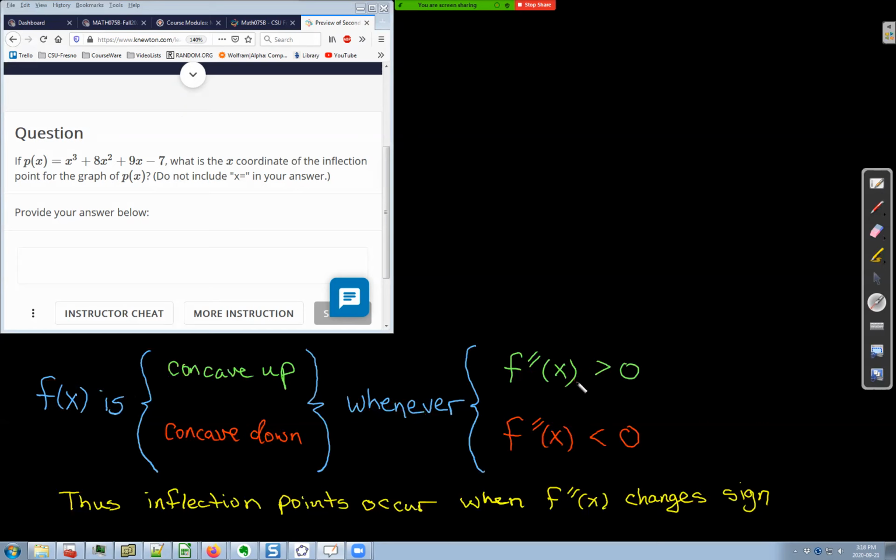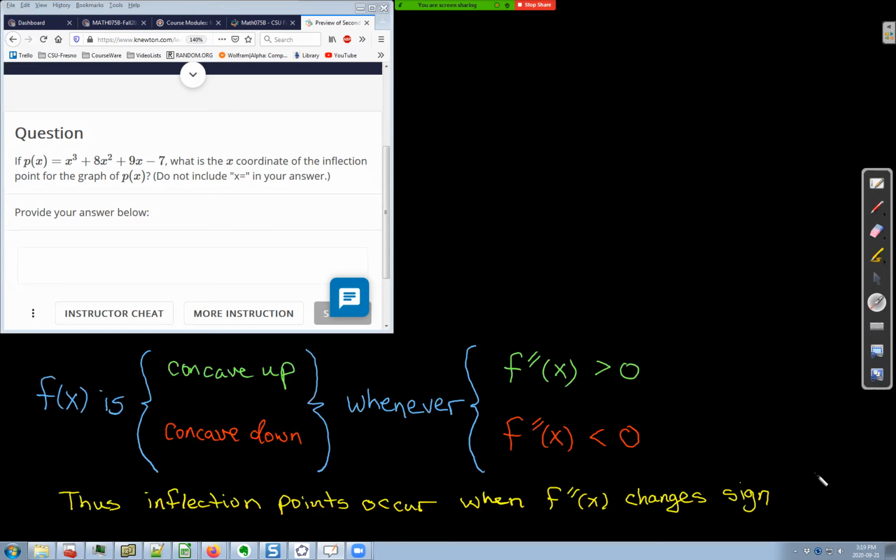And so the inflection points are the places where the concavity changes. In order for the concavity to change, we need the sign of the second derivative to flip, either from positive to negative or from negative to positive. So the inflection points occur whenever the second derivative changes sign.